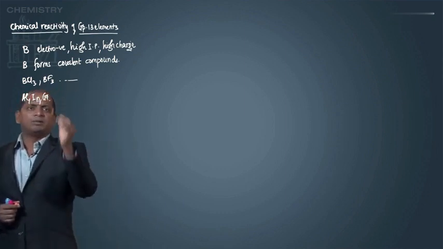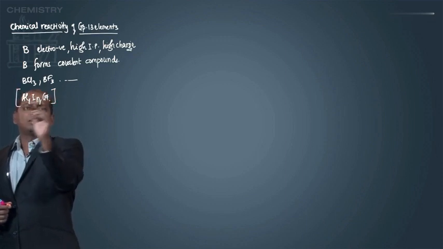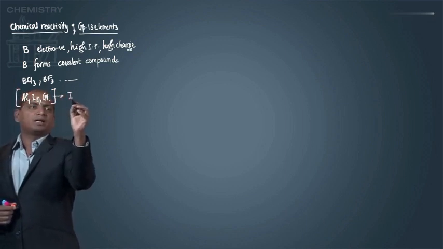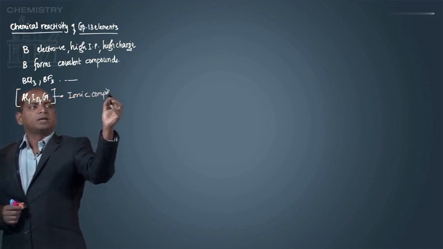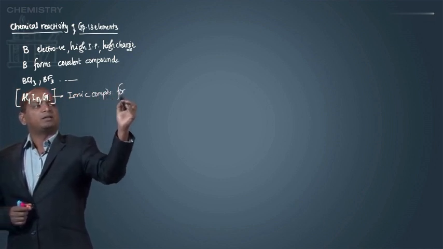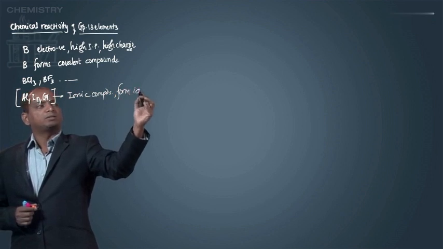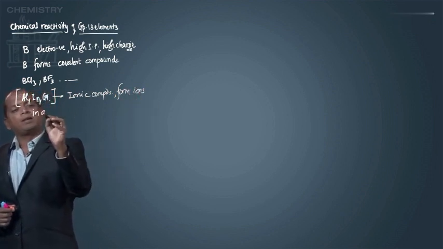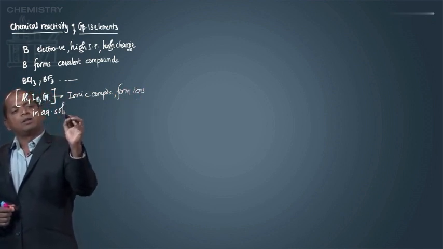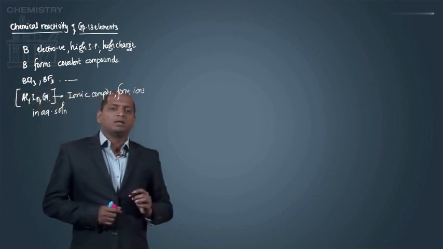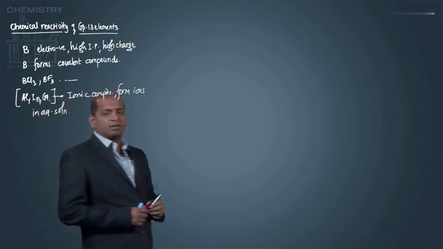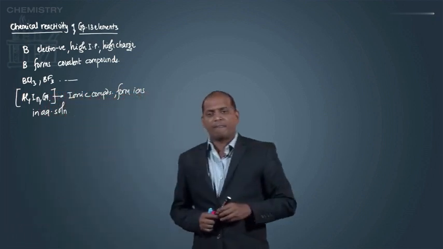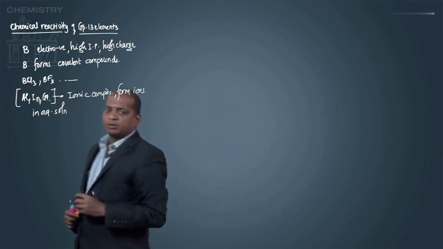So, these elements actually form ionic compounds, rather form ions in aqueous solution. So, what is the reason behind it? Here the heat of hydration is greater than that of the ionization enthalpy, and therefore there is a formation of ions.